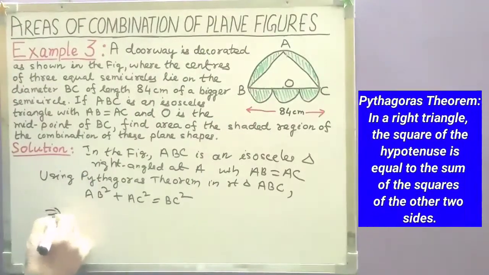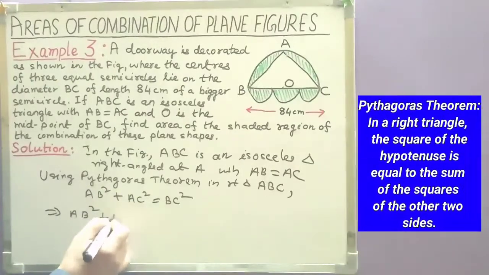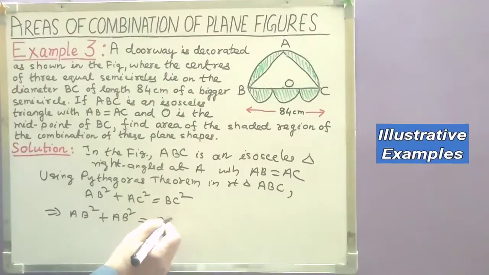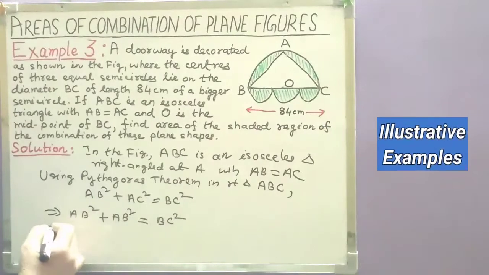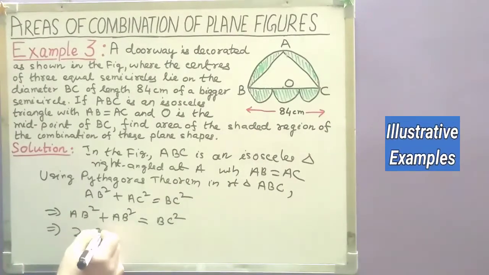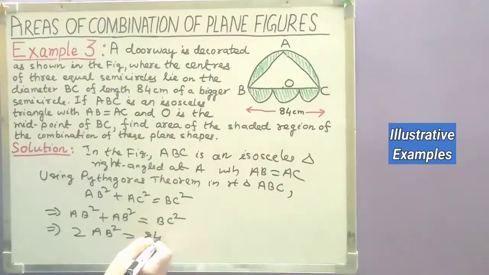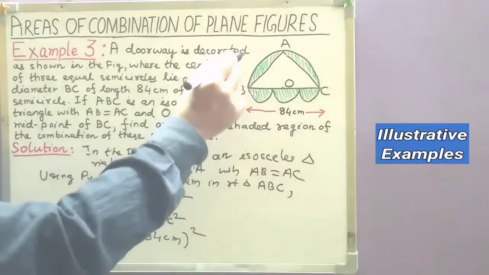That implies that AB square plus AB square equal to BC square, because it is given that AB equal to AC. That implies that 2AB square equal to 84 centimeter whole square.